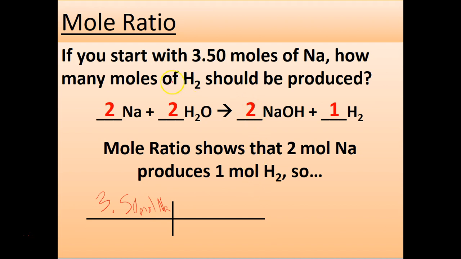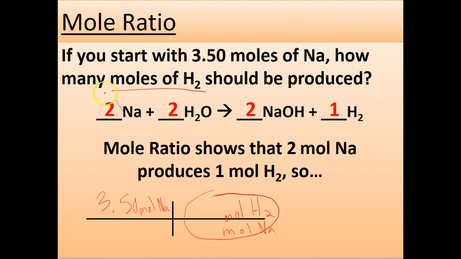And then we're going to look for what we're trying to get to. So in this case, moles of H2 is what we're looking for. Whenever we want to cancel this out, we're going to bring moles of Na to the bottom, and we're going to go up to moles of H2 on top. One of the things I like to do is circle moles over moles. That reminds me to go get my coefficients from the problem.